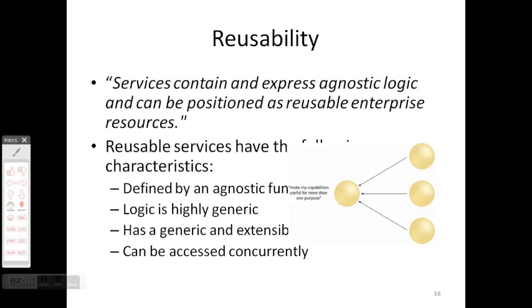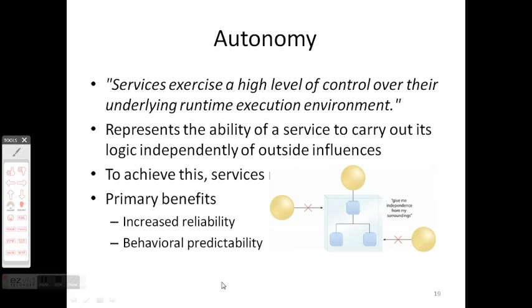Reusability is described as a service containing and expressing agnostic logic and can be positioned as a reusable enterprise resource. So it should be agnostic towards the underlying implementation as well as the environment that surrounds the service. The service should not depend on its surrounding environment and where it is deployed.